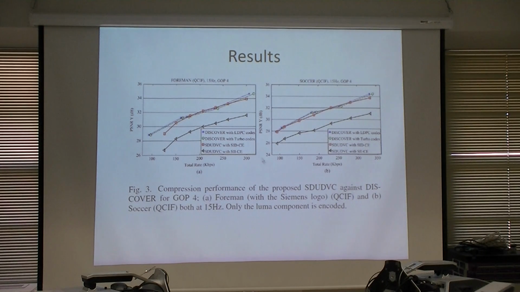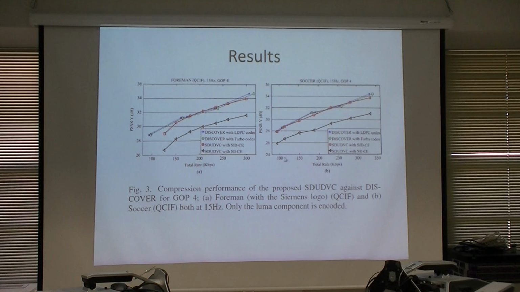And this result gives a comparison between the proposed algorithm and the DISCOVER codec. Here, the proposed algorithm with the side information dependent channel estimation has similar performance to the DISCOVER codec. But the proposed algorithm with side information independent channel estimation has poorer performance than the DISCOVER codec and the proposed algorithm with side information dependent channel estimation.